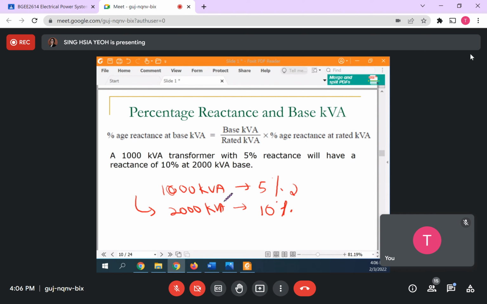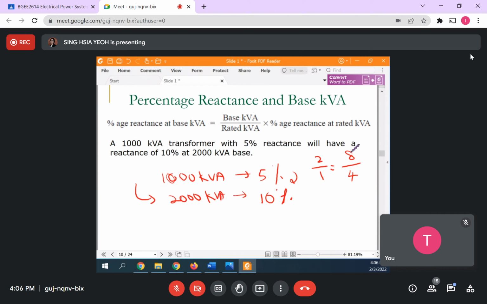Understand? It is actually a ratio question only. Like 2/1, then if you want to have 4 over, this one will be 8. They are actually the same. If you increase one parameter, to maintain the same ratio, the other parameter will have to increase as well.